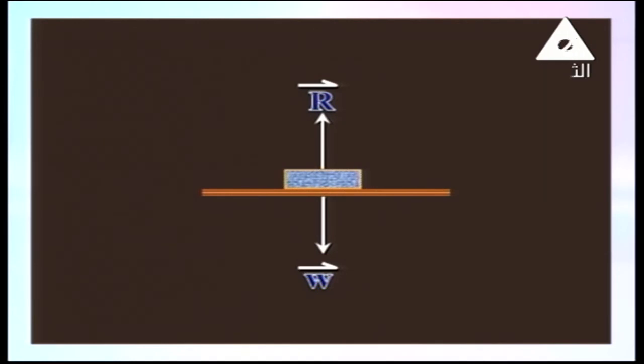Then R equals W. R is the reaction force, W is the symbol of the weight of the body. Look at, if a force acts on the body, it is denoted by V. We deduce that this is the static friction force, which appears when the body moves or is about to move.